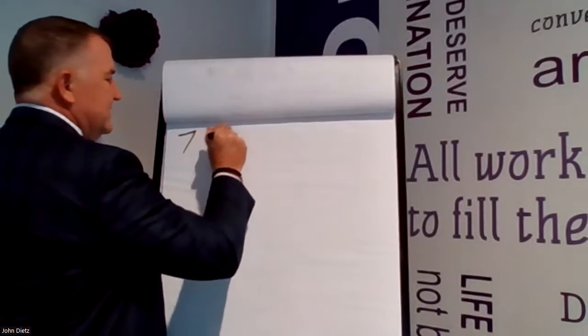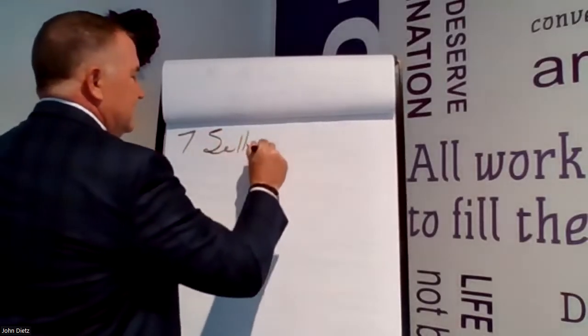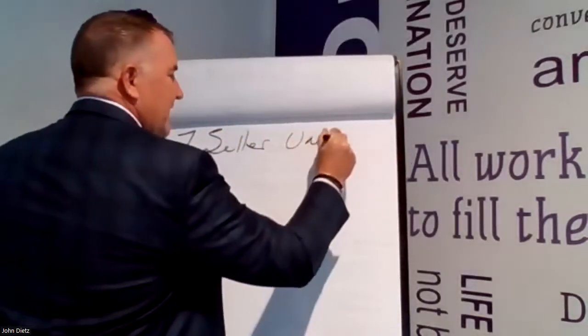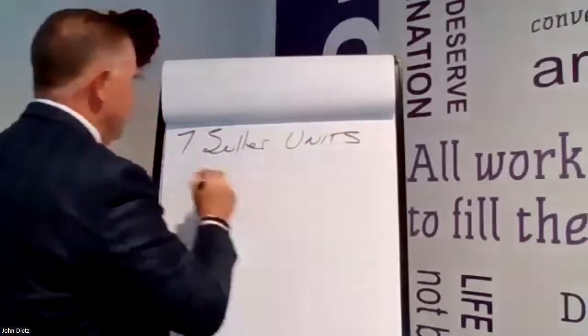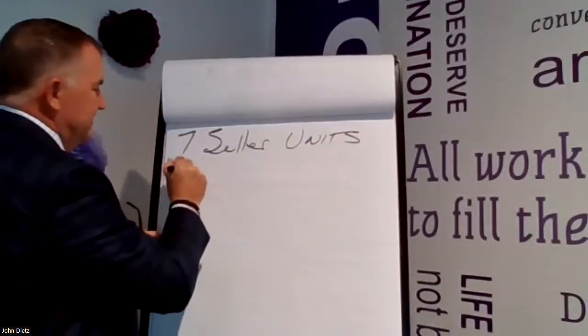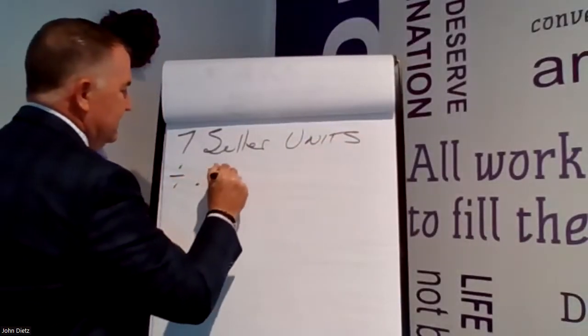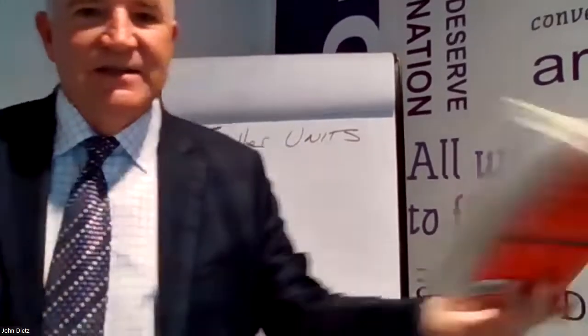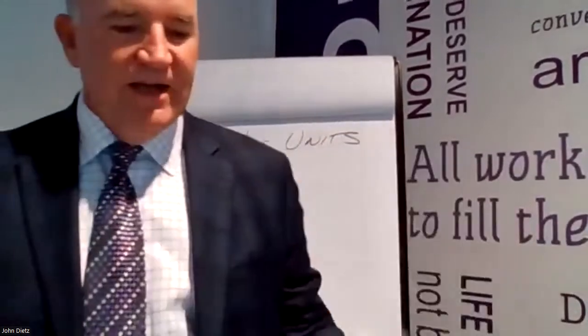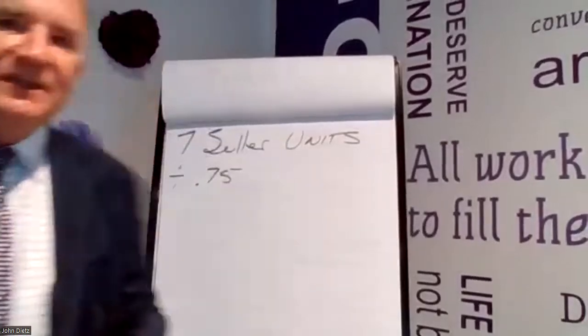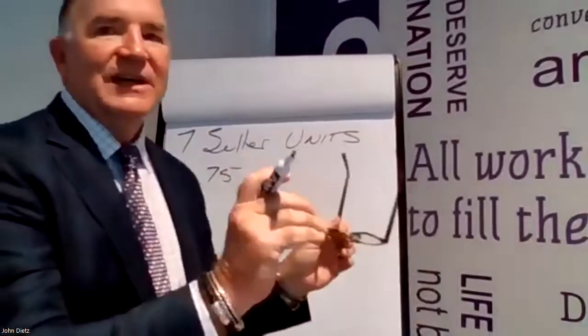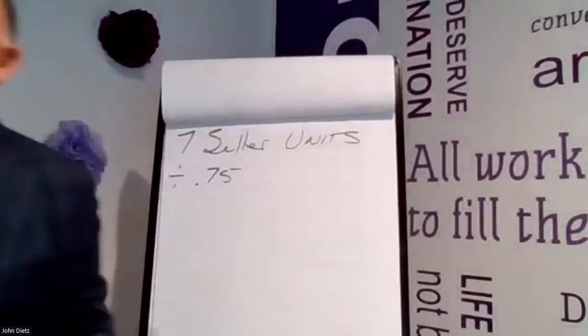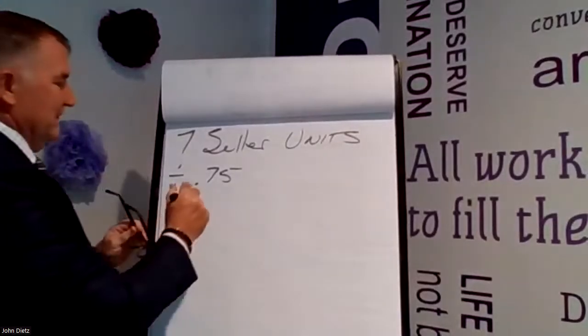I need to close 7 seller units. And somebody get their calculator out for me, please, and take 7 divided by 0.75, because we're going to use the numbers that Gary gives us in the Millionaire Real Estate Agent, which tells us that 75% of the listings we take are going to get to the closing table. So how many listings are we taking?